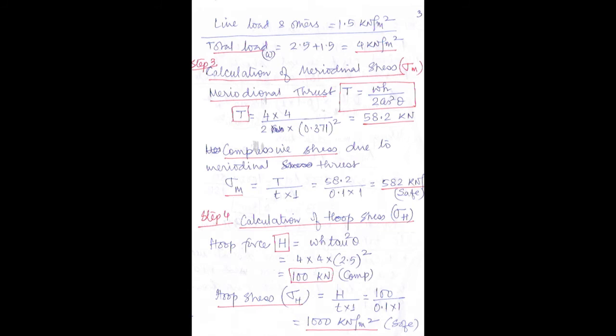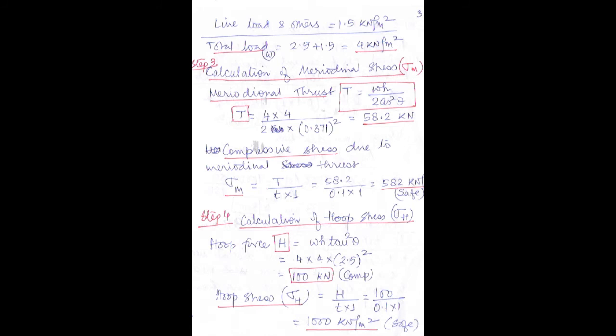If we substitute the values, T value is 0.1 and the length is 1 meter. So this gives the value of sigma m, the meridional stress, as 582 kilonewton per meter square. So this value is safe.